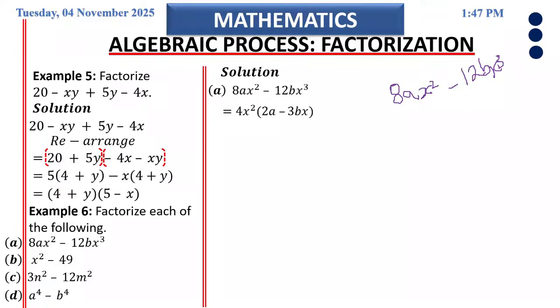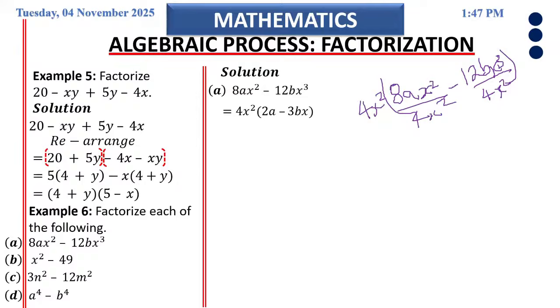So if we are factorizing out 4x squared, it means 4x squared is dividing this, and the 4x squared is also dividing this too.